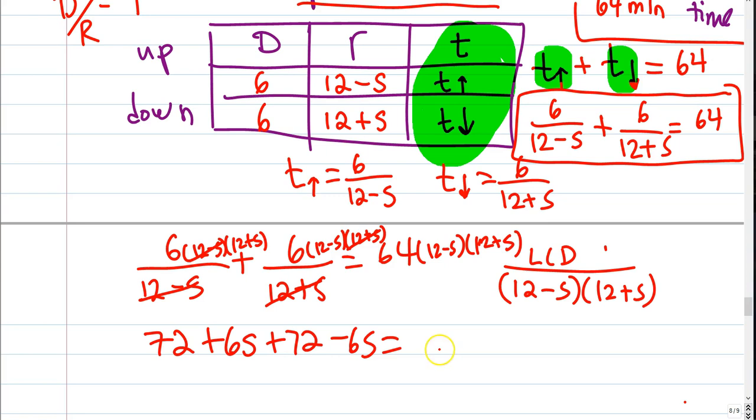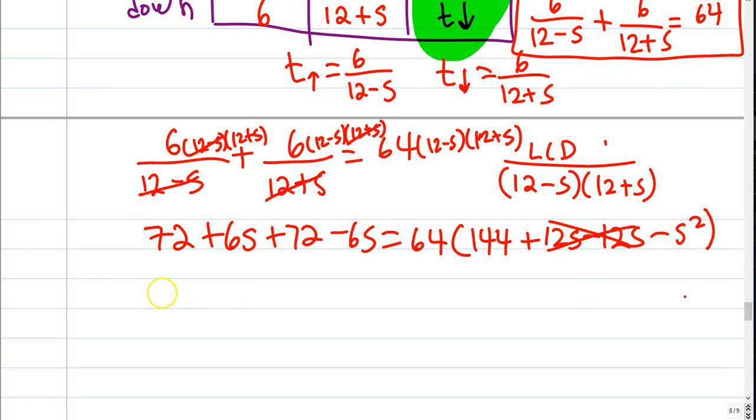So I'm going to go ahead and just write that as 64 times, and I'm going to distribute this first. 12 times 12 is 144. I have minus 12s plus 12s, and minus s squared. This middle zeroes out.